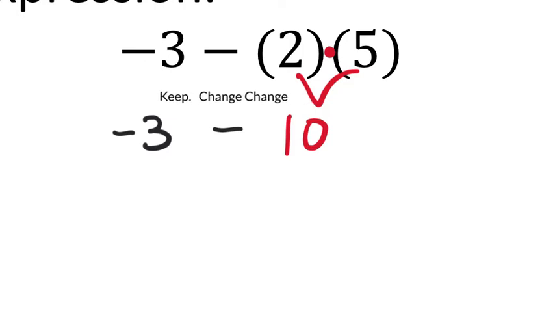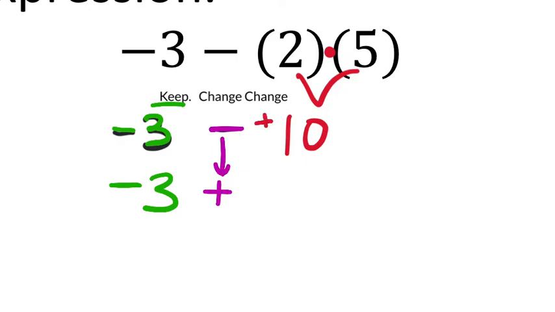Keep, change means this -3, that's the keep part, I'm going to keep it -3. Then I will change the operation minus into plus, because remember, I only add with negatives. And then the 10, it's not showing the sign, but it is positive.